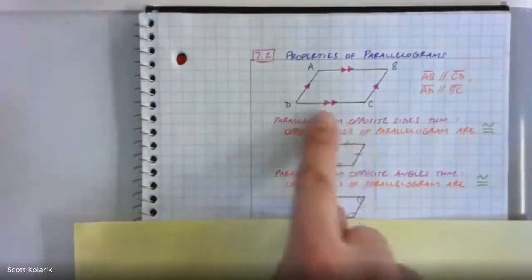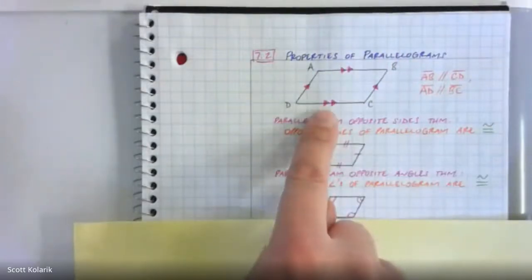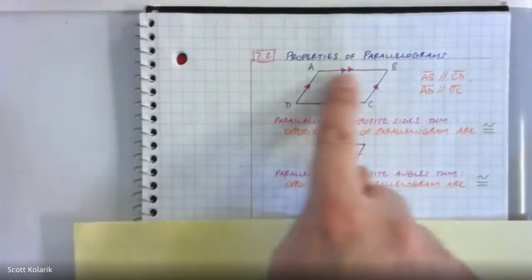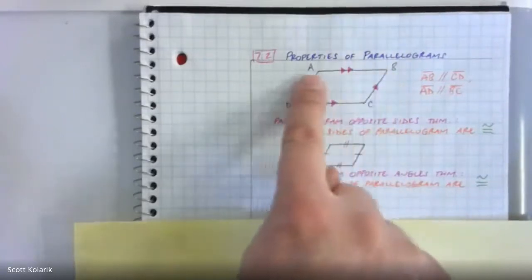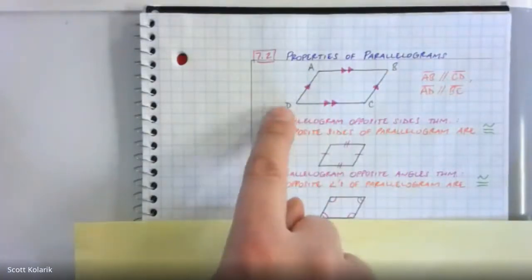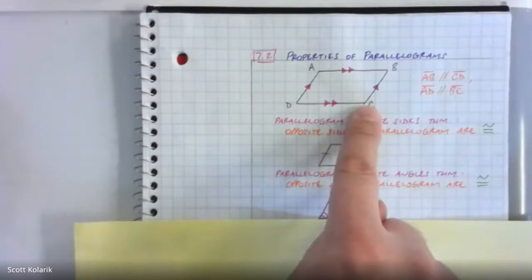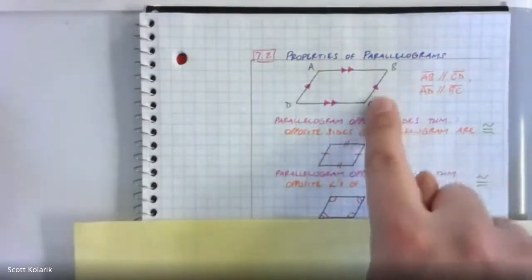So for instance, in this top parallelogram at the beginning of our notes, segment AB, whatever that would measure, whether it's on a small scale like millimeters or centimeters, or on a really big scale like miles, from A to B has to be the same exact distance from D to C. Same thing goes for D to A. That has to be the same distance from C to B.